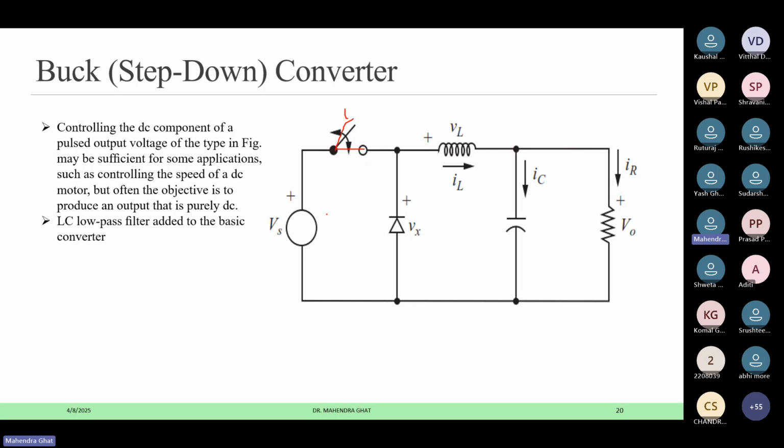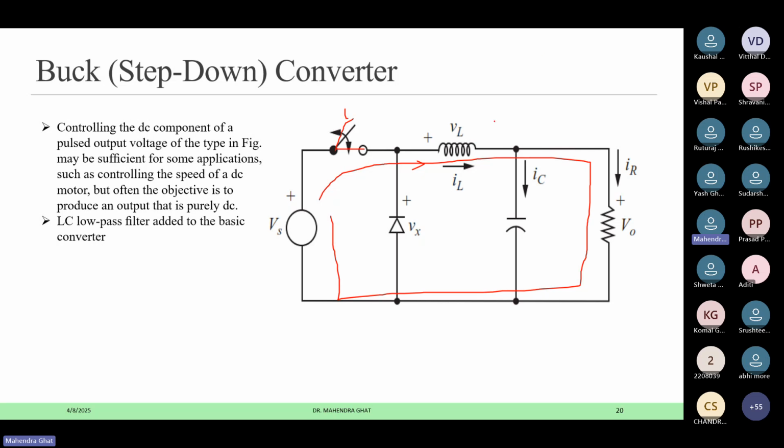So the input voltage is applied directly to the load. This is the path which gets completed. The current flows through the inductor, goes to the output, and returns back to the source.